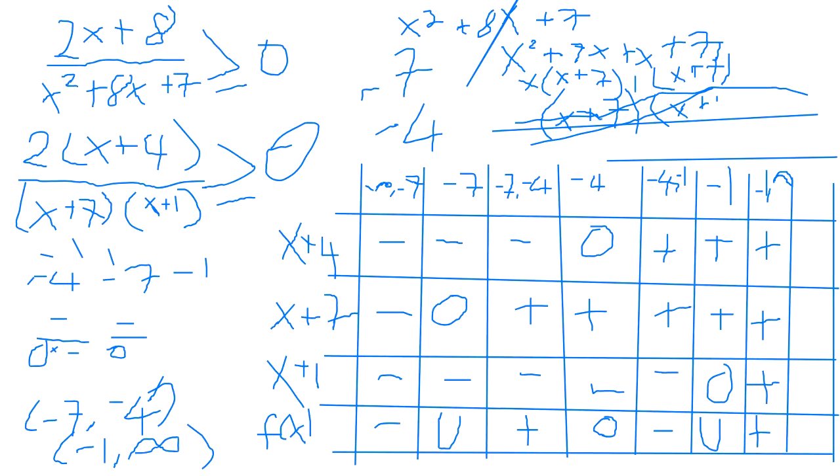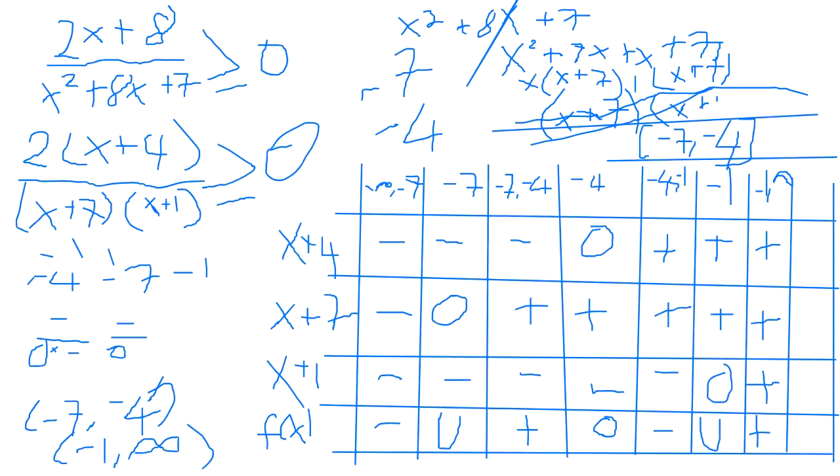So in that case, our first answer, we are going to use a square bracket, negative 7 to negative 4, also a square bracket. Can you see that? And we do negative 7 and negative 4. Yes, sir.